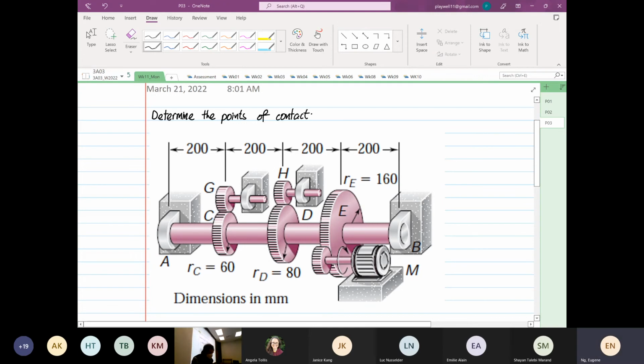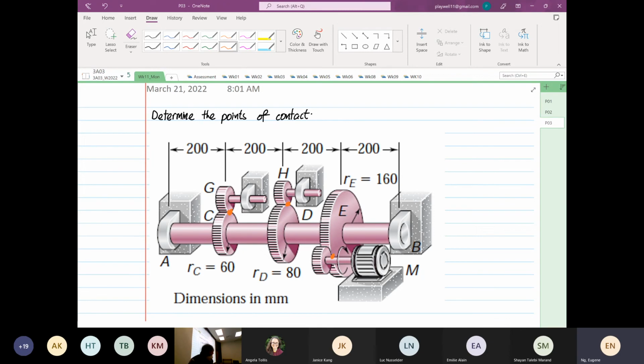So for this example, there's one point of contact here, there's one point of contact over here, and there's another point of contact over there. Those are our points of contact.